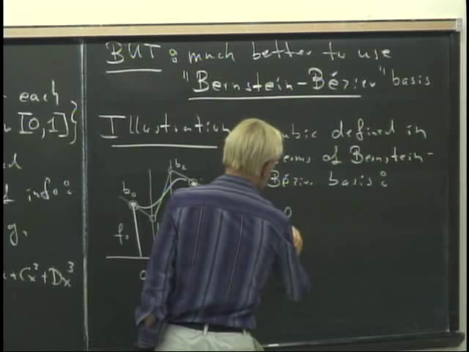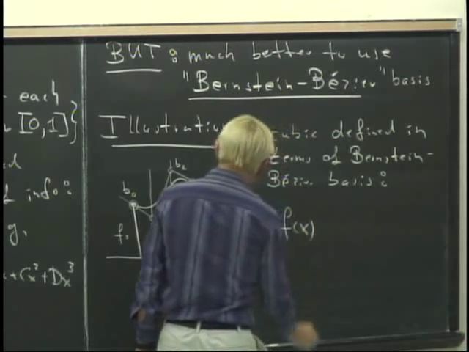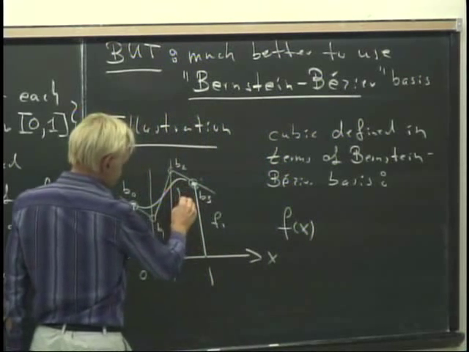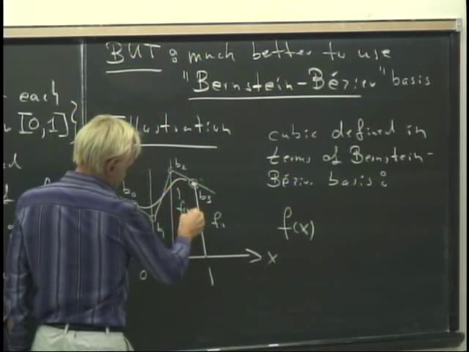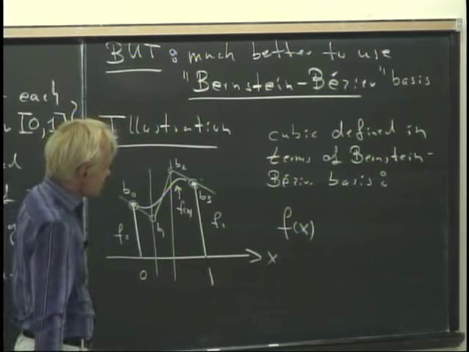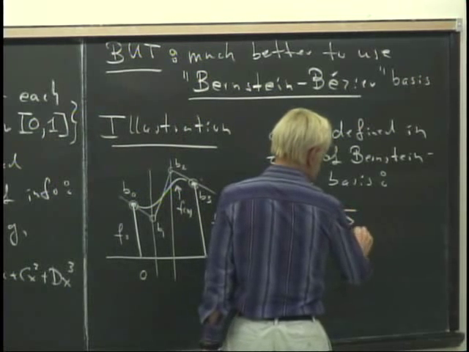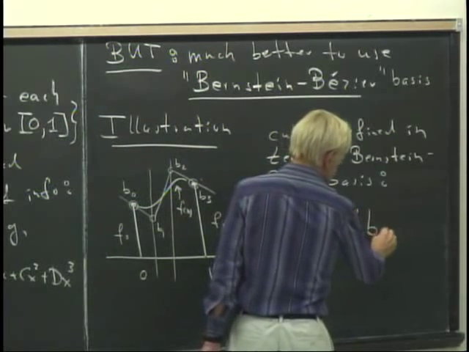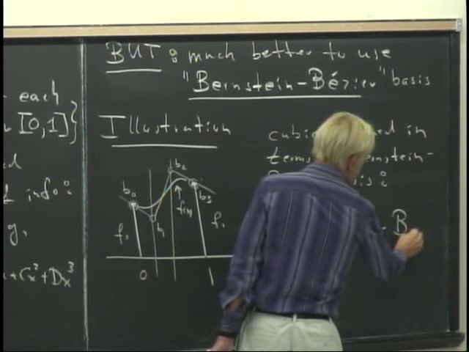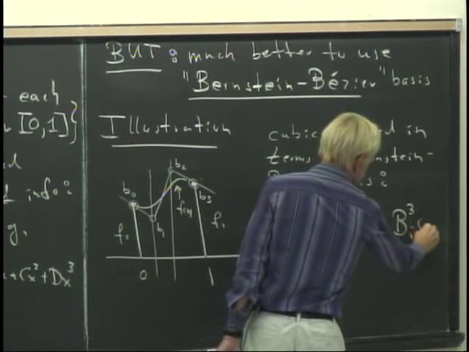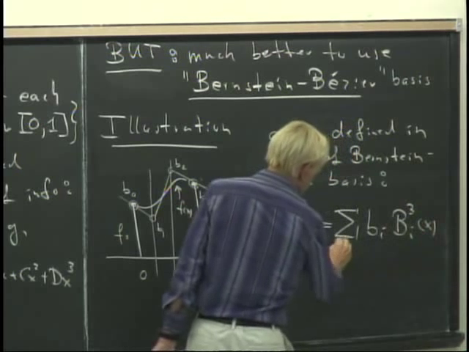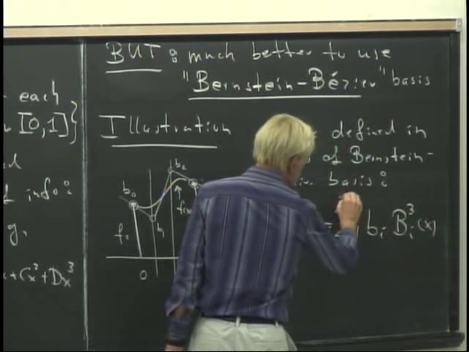It's the same function. It's the same function f of x. But it now takes on a different shape, form, representation. It has coefficients bi times polynomials bi3 of x, i from 0 to 3.